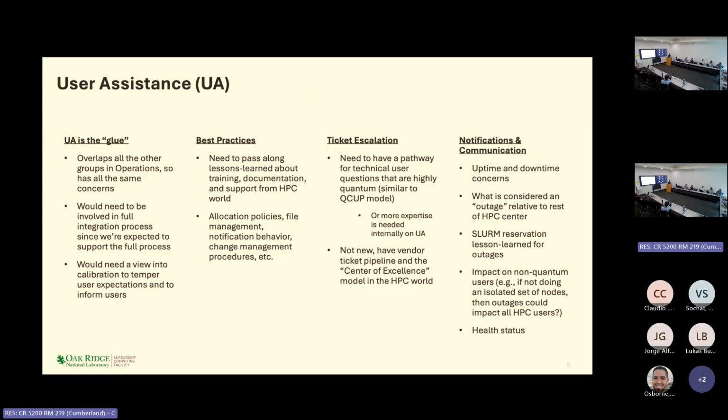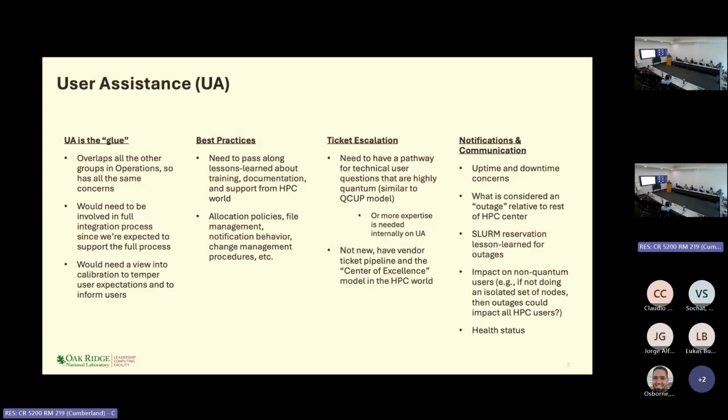If we're expected to support the full process, then we have to have a hand in every bit of the process, or at least be looped in. So for example, it doesn't seem to make sense at first: why does the user assistance team need to be involved in calibration? But if we need to temper expectations for users, we need to be involved there, right? So if we're expected to support the full process, we appreciate being looped in. We're often overlooked. So that's me fighting for my team.